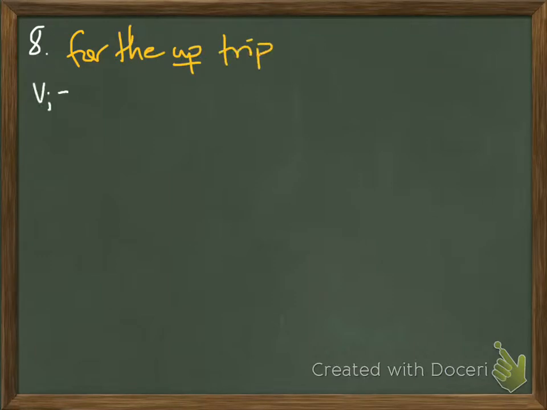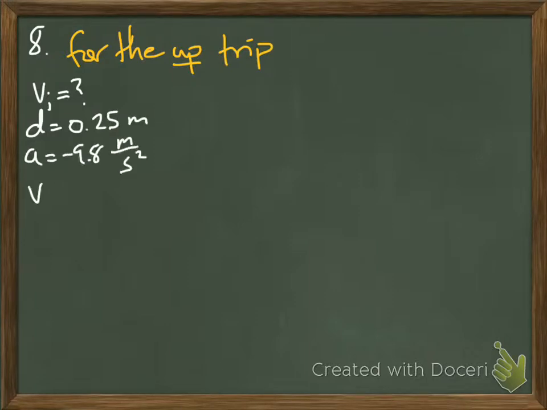Okay. For the up trip, take a look at what we're given. Velocity initial is unknown. Distance is given. The acceleration is going to be gravity. The final velocity is 0 because we're talking about the up trip. When you arrive at the top of your trajectory, your velocity is 0 just for a split second. So for the up trip, we can say that the VF is 0.